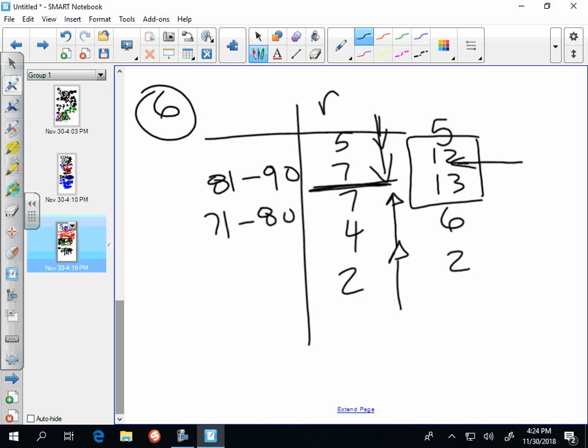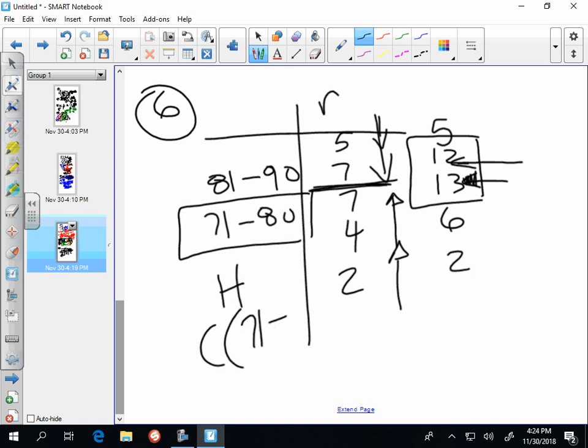So where is 12.5 going to be? 12.5 is within this 13. So this is my choice, choice H, 71 to 80. Okay, number 7.